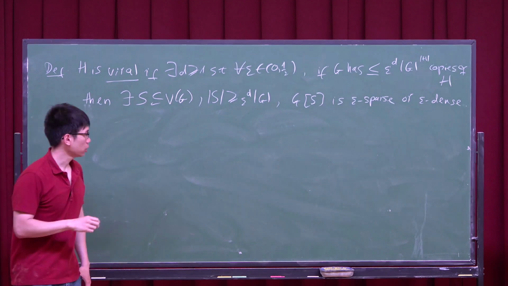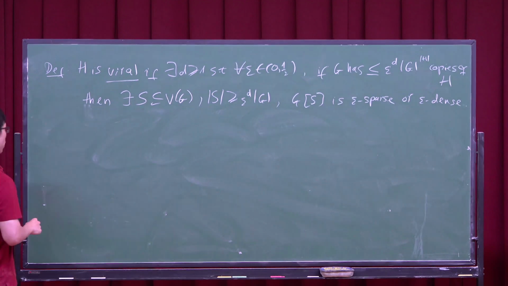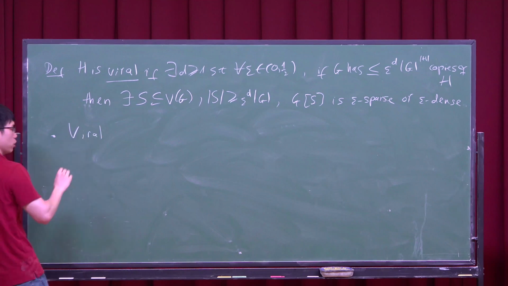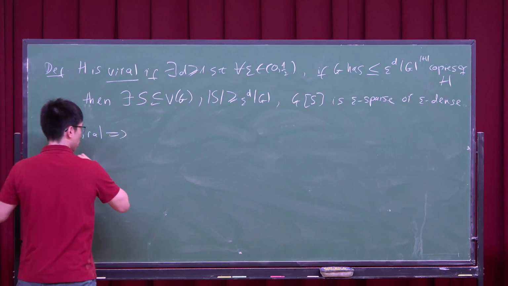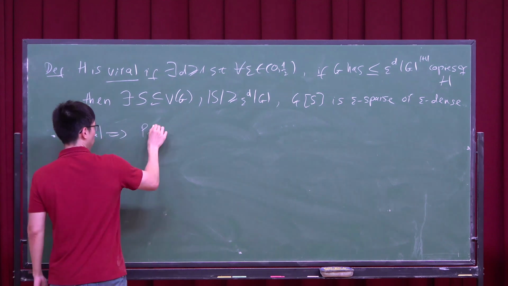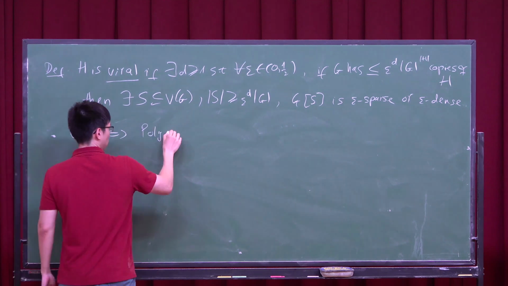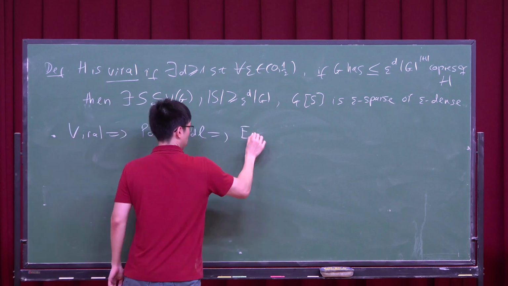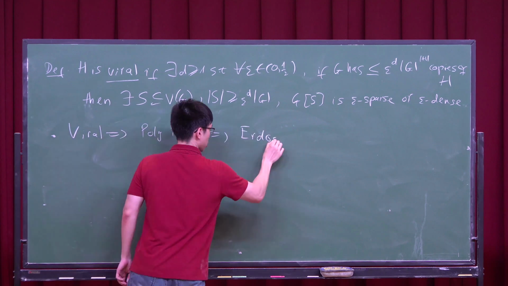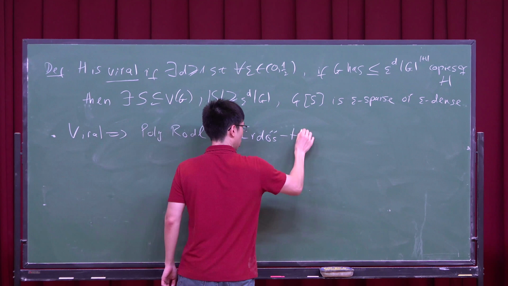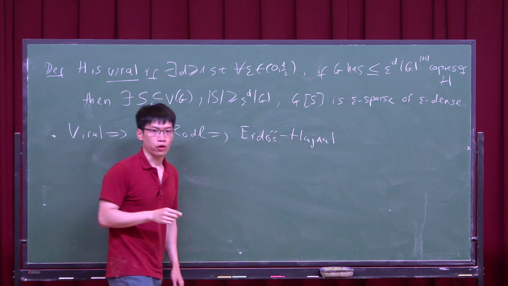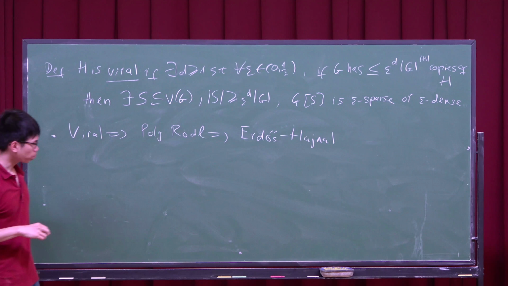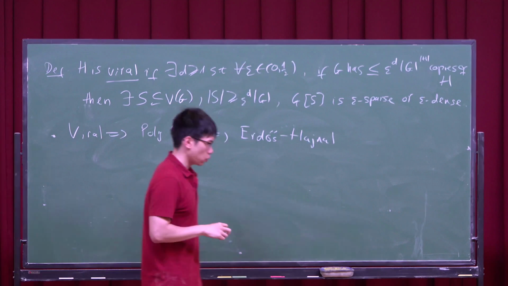So here we have the observation that the viral property is going to imply the polynomial Rödl property, and implies the Erdős-Hajnal property for any H. Okay, so let me just comment a little bit about these three properties.